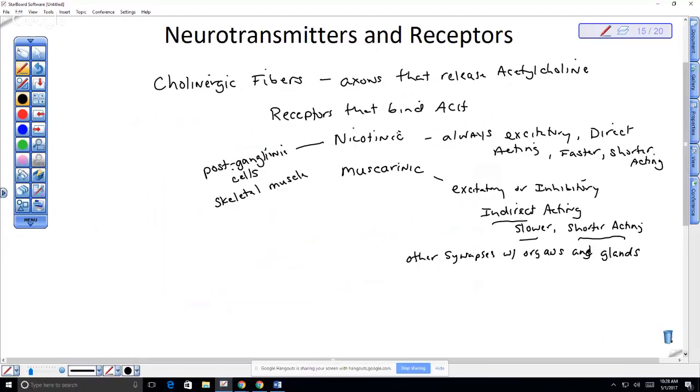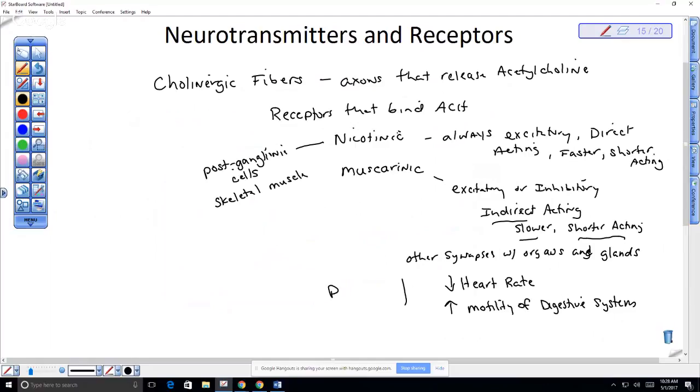The muscarinic receptors bind acetylcholine, and if it's parasympathetic, that would cause a decrease in heart rate. But it increases the motility of the digestive system.